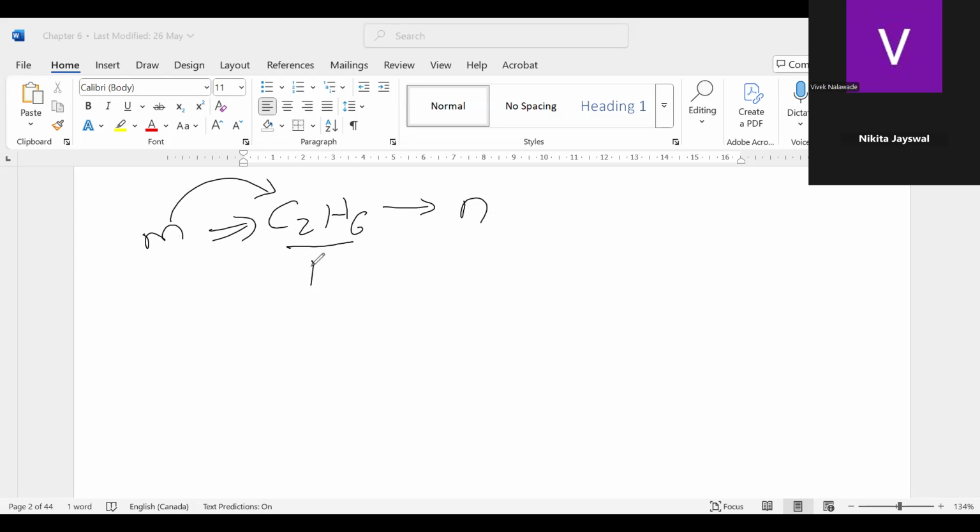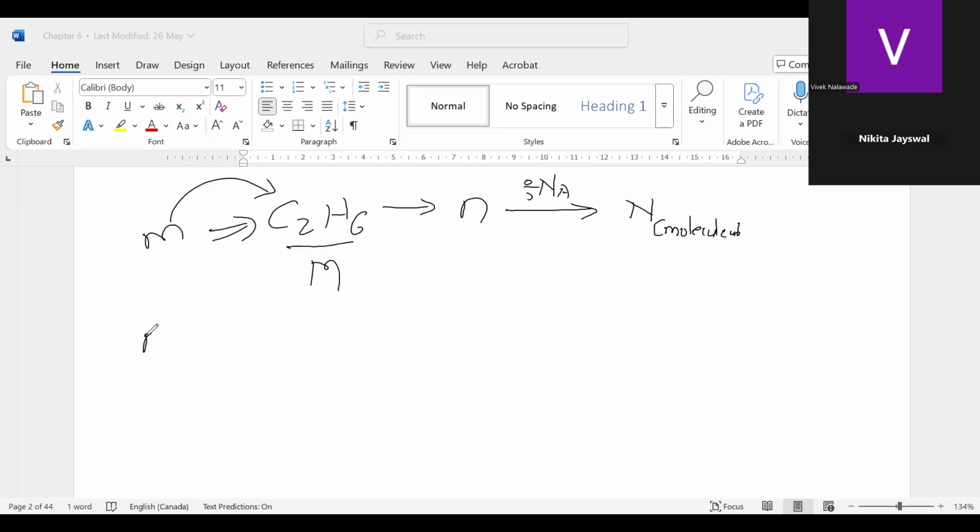You know the molar mass of this molecule, correct? You will get the moles of the molecule. If you get n, then you can find out N by dividing by N_A, correct? But when you do that, you will get N of molecules.